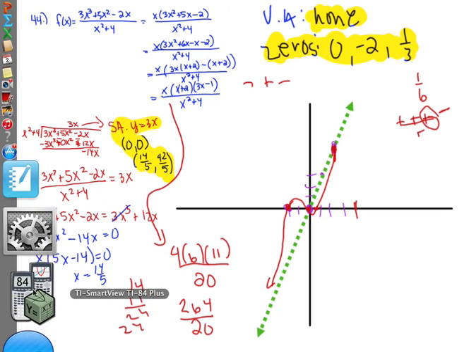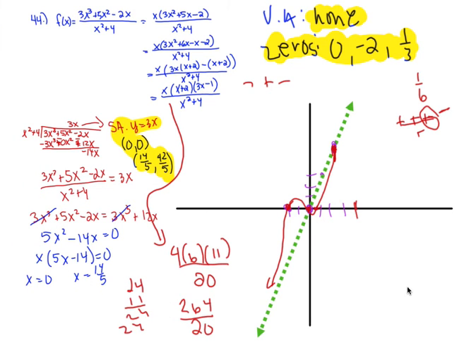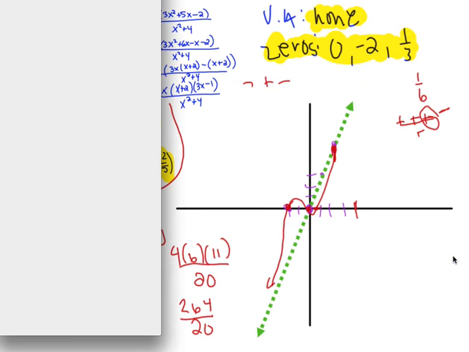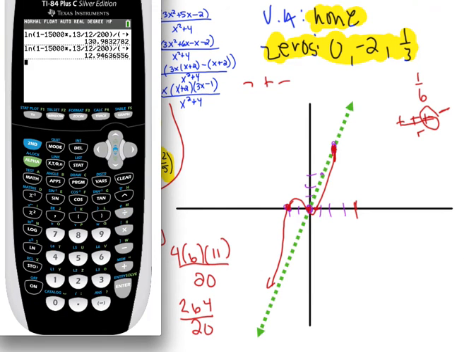Calculator, calculator, where are you? Here we go. So 264 over 20 is what I would get if I plug in 4 for x. Now this is taking me a little while.